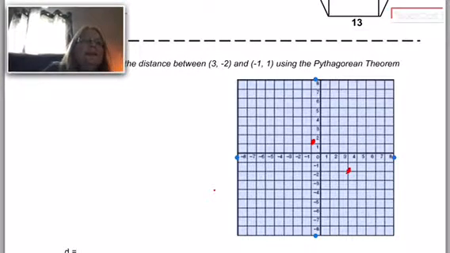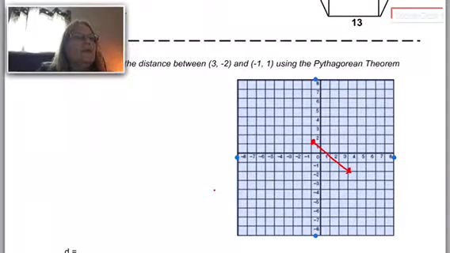Okay, the next examples ask us to find the distance between 2 points using Pythagorean theorem. So I have plotted the points (3, -2) and (-1, 1). So we want to know how far that is. So we just simply draw a right triangle and see that the distance from here to here is 3 units, and the distance from here to here is 4 units.